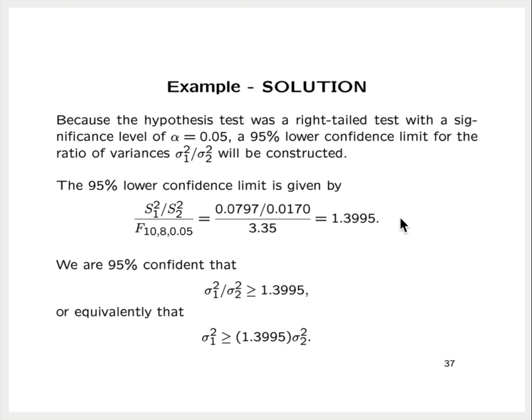about 1.4. So we can be 95% confident that the ratio of the population variances, sigma 1 squared over sigma 2 squared, is at least 1.3995.